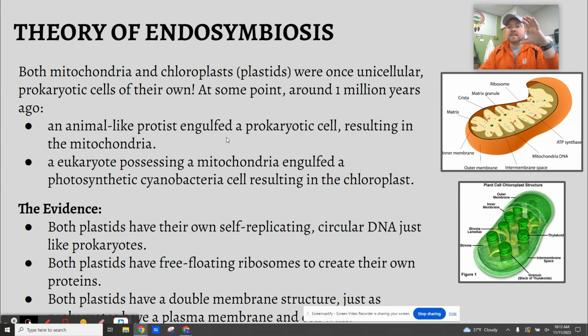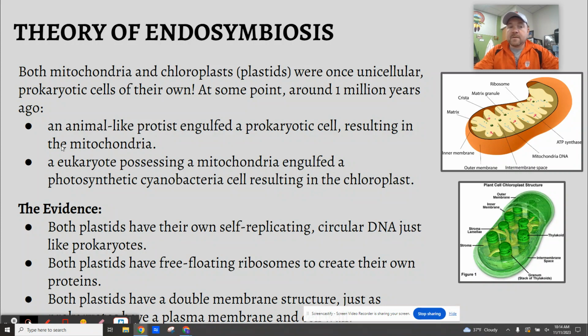So you had one cell eating another cell, and the prokaryotic cell started to provide its own function, which is energy. And so now you've harnessed a source just for energy. And without energy, there would be no advancement or complex life that would develop. There just would not be enough energy for that to happen.